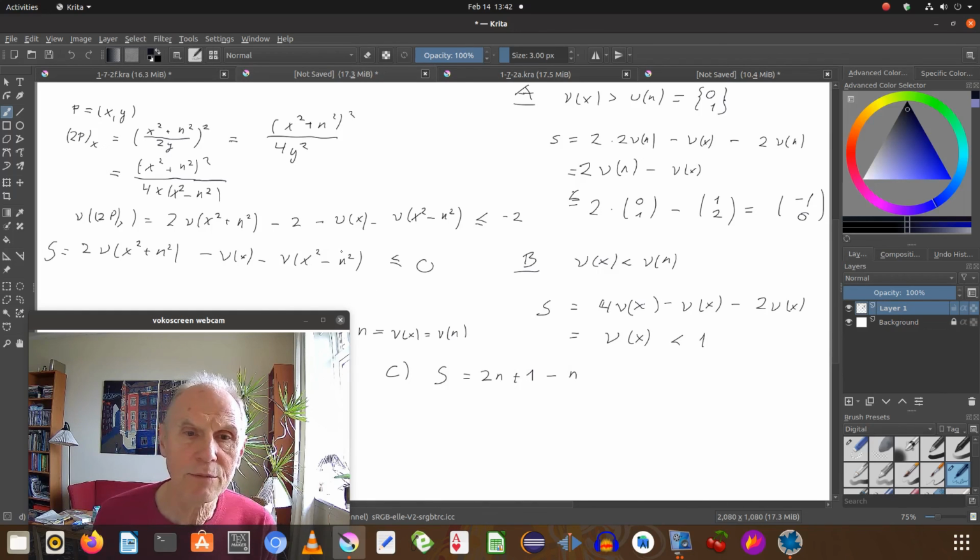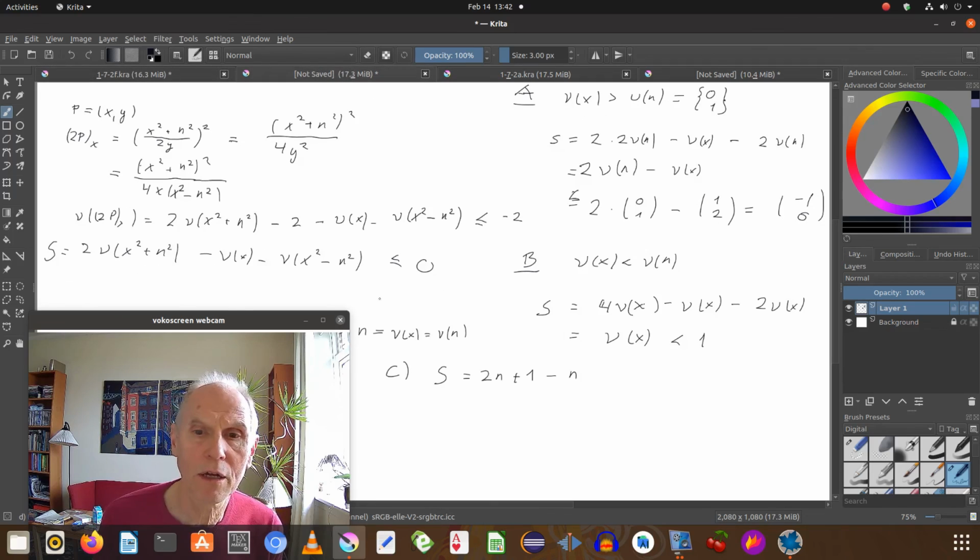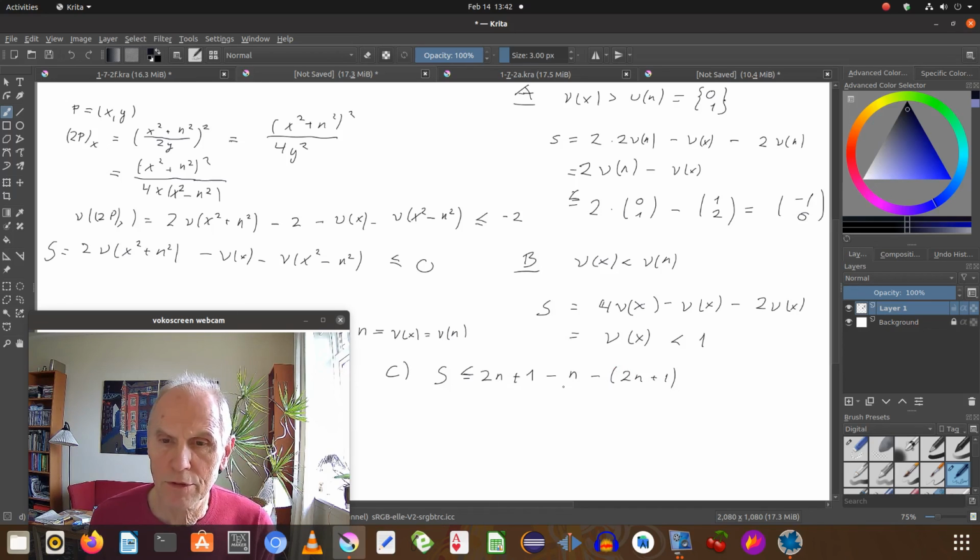And then this one was larger than 2n plus 1. So that means that s is smaller than, so this gives minus n.